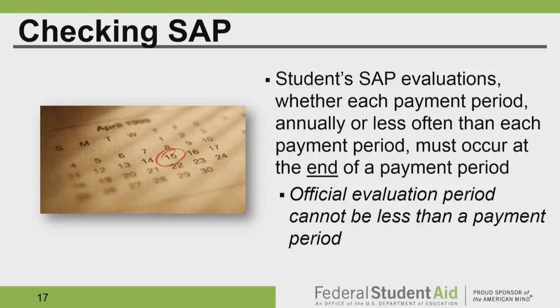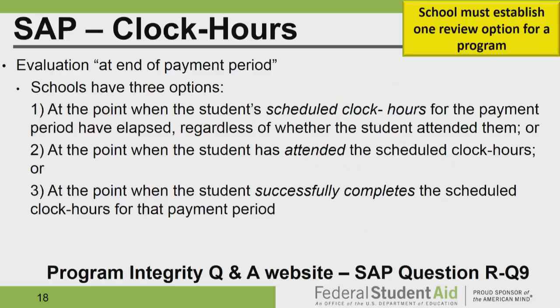You cannot take any kind of sanction against a student if it is not the official SAP checkpoint. However, it does give you that ability to let them know that they're on thin ice or there's potential problems so that you can work with them. So hopefully by the end of that payment period, when you do have that official checkpoint, they've done what they need to do to improve. At least that's what we hope. So we want to make sure that you're aware of that.